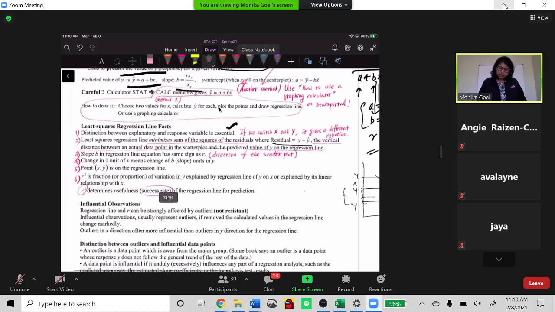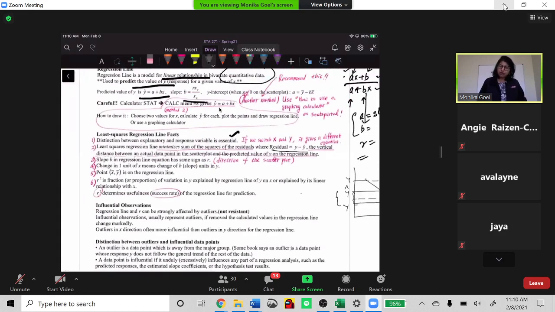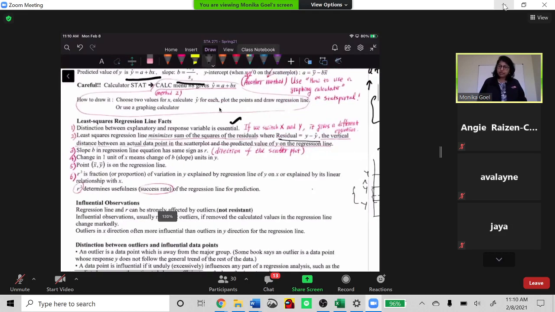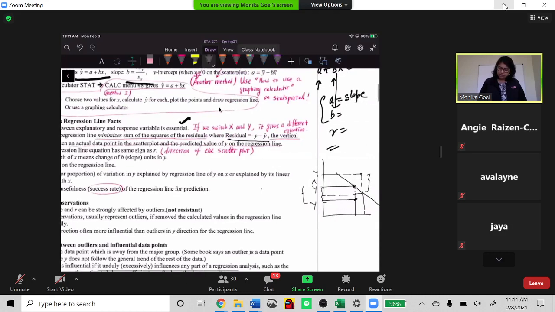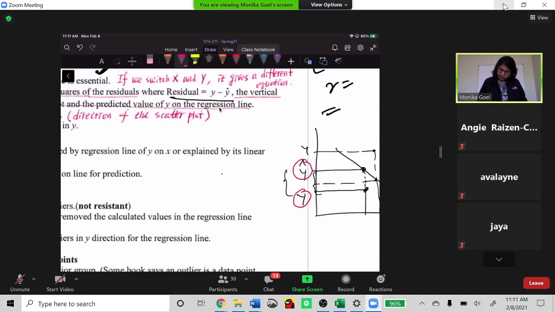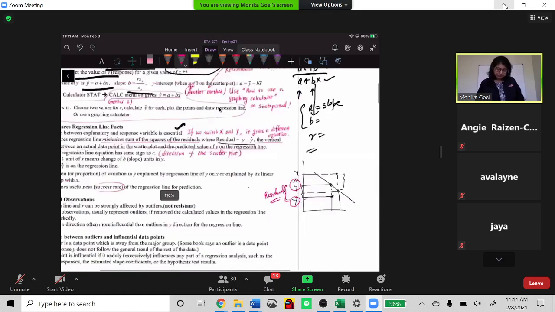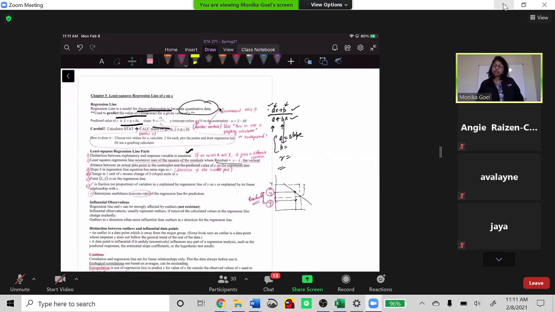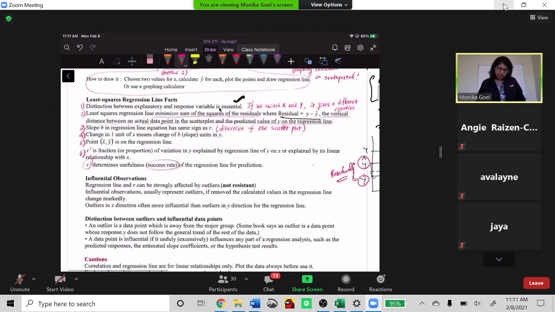It is the vertical distance between the actual data point on the scatter plot and the predicted value of y on the regression line. So this is your actual, this is your predicted, and this is your residual. Again, making residual plots manually is hard, so we use technology to work with that.